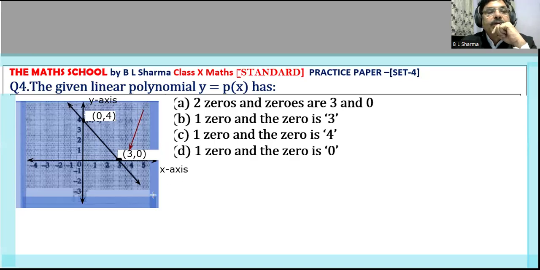Y is 0. कोई भी ग्राफ जो x एक्सिस पे कट करता है तो y का वैल्यू, the y coordinate, is always 0 on the x axis. So the x coordinate is called the zero of the given polynomial here. So there is only 1 zero and the zero is 3. So B is the correct option.